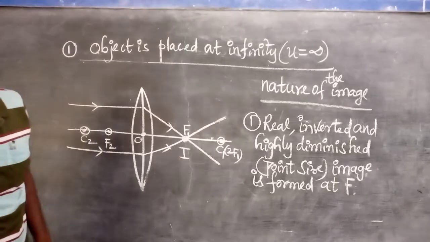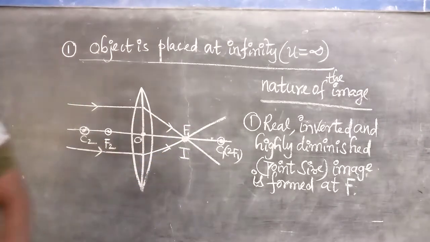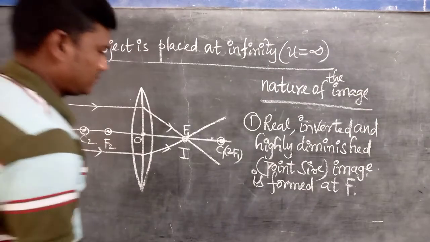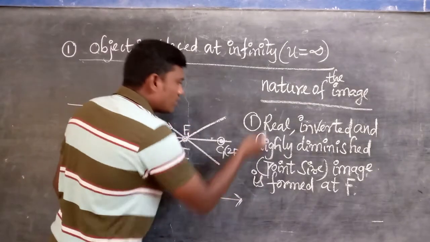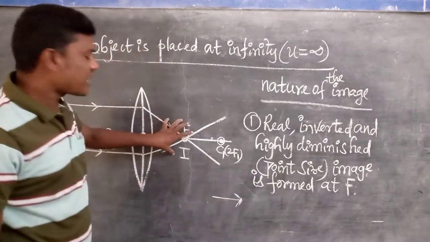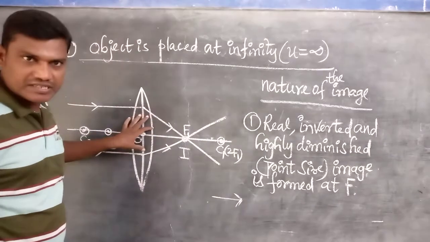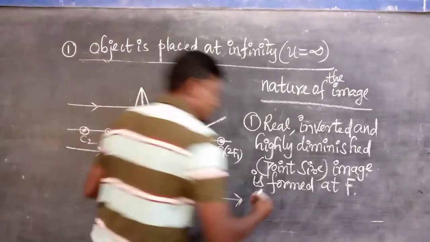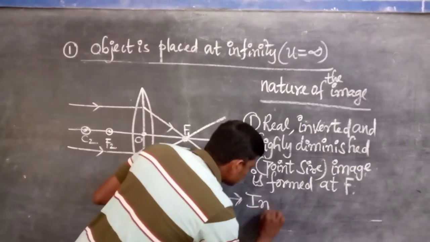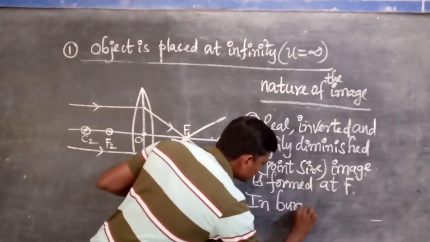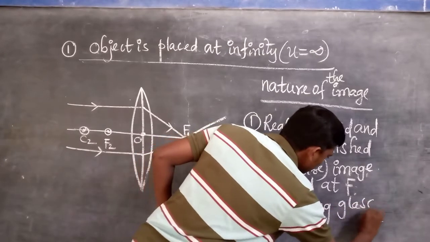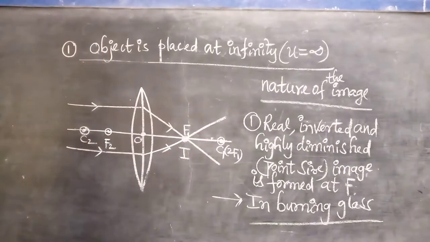And one more thing is there for your understanding. This type of lens arrangement we observe in a burning glass.